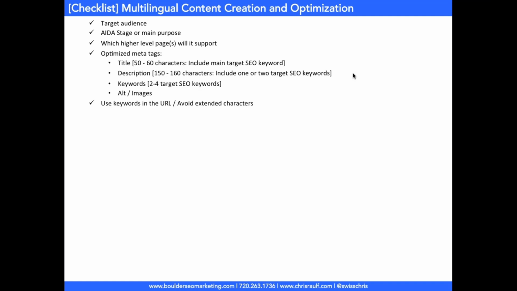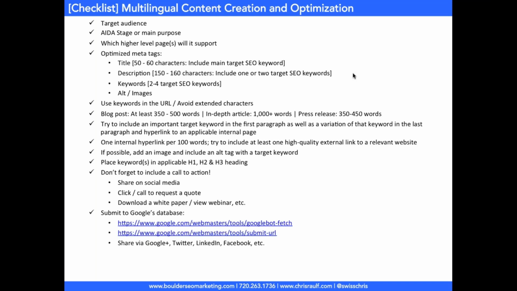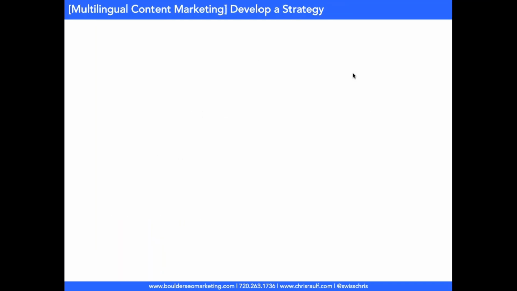Then please feel free to use the content development template that we use for all of our clients. Please take advantage of that template once you start to venture into developing multilingual content that's going to be optimized for search. Then here's a little checklist that we use when we create and optimize content for our customers.